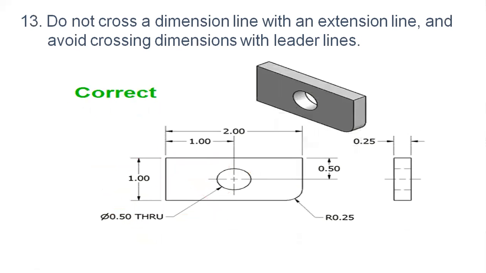The correct way of dimensioning is this way. You can see the location of the hole is shown, and the leader line is not crossing the dimension lines or the extension lines. The arc as well as the diameter of the circle or the hole are shown separately.